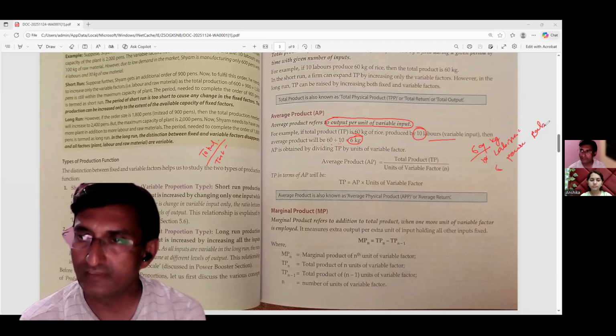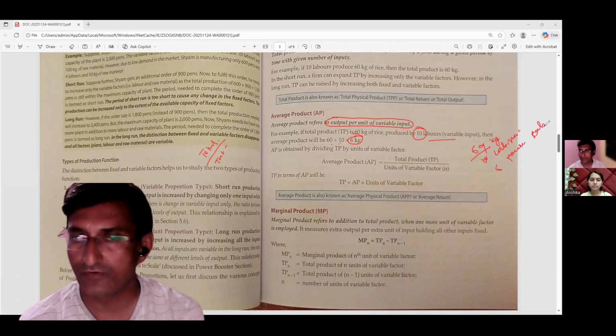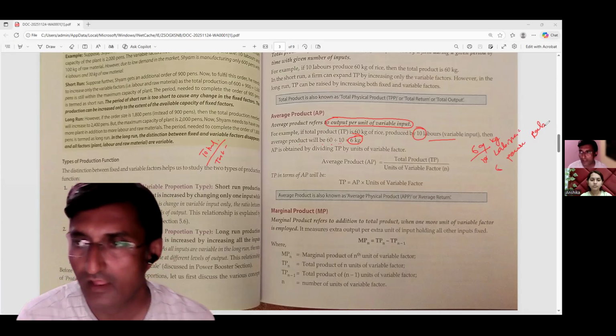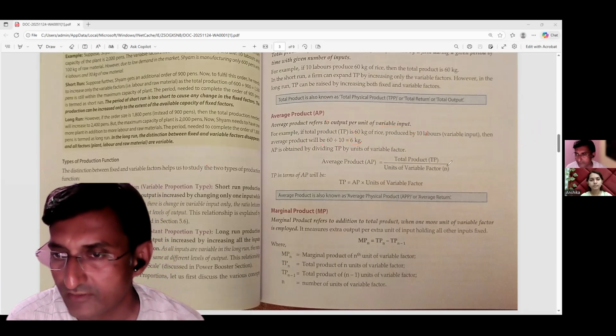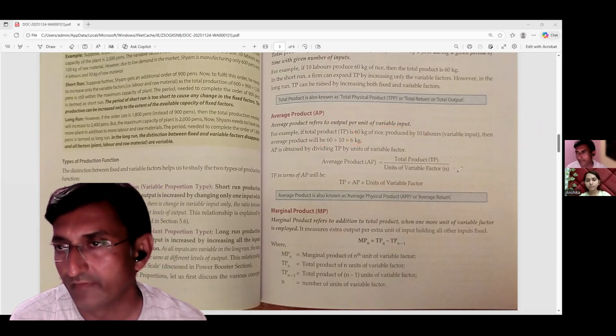So with the help of this formula, we can find out the average product of the company. In simple technical terms, it is TP divided by N, that is, the number of units of variable factor.